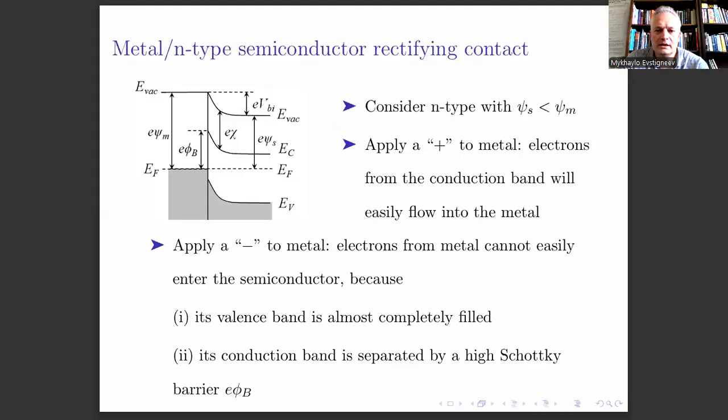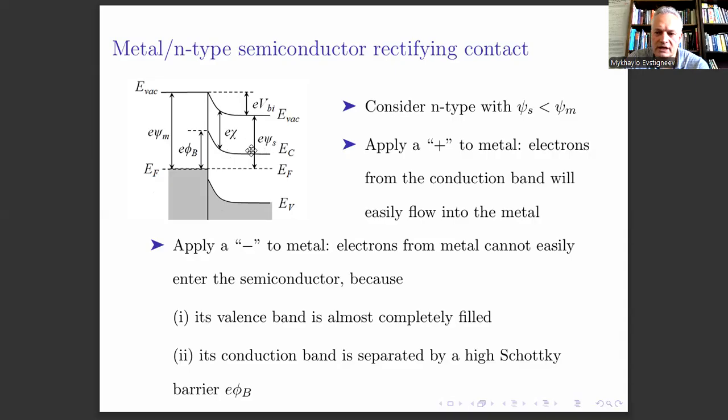So let's consider the energy band diagram of a metal and an n-type semiconductor such that the semiconductor work function is smaller than the metal work function. This contact is ohmic because if you apply a positive bias to the metal relative to the semiconductor, you will be attracting the electrons from the semiconductor into the metal.